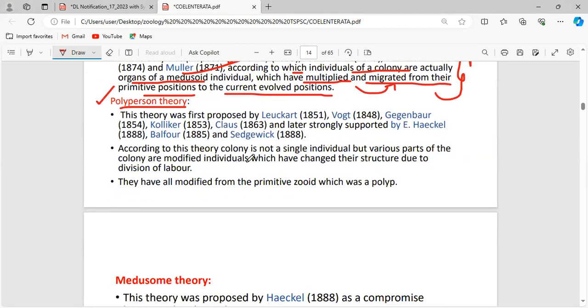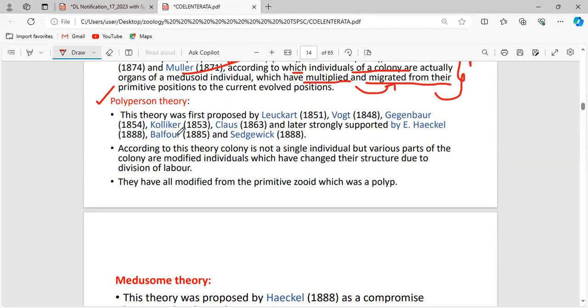Polyperson theory means this colony is not a single individual, but various parts of the colony are modified individuals which have changed the structure due to division of labor. See, these are all the theories which have been put forth to prove that this coelenterate has different types of individuals.